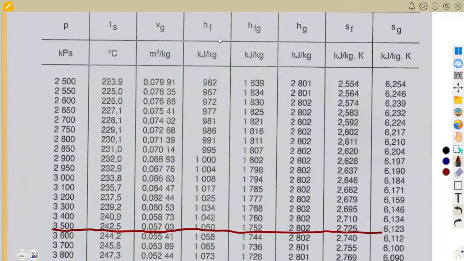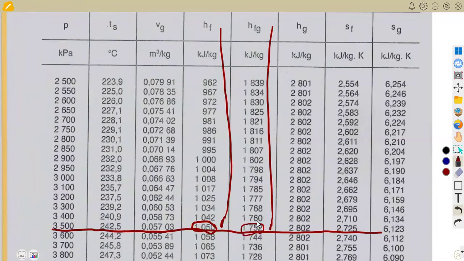So what do we need there? Remember, we said we need hf at this and also hfg. These are the 2 that we want. So hf there is 1,050. All right, that is 1050 there. And we've got hfg, which is 1752.